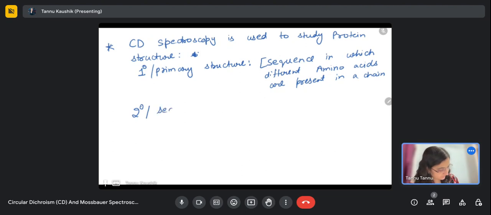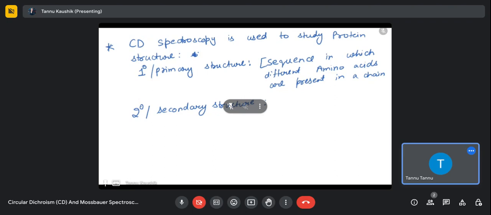the secondary structure defines the peptide backbone of the protein chain.